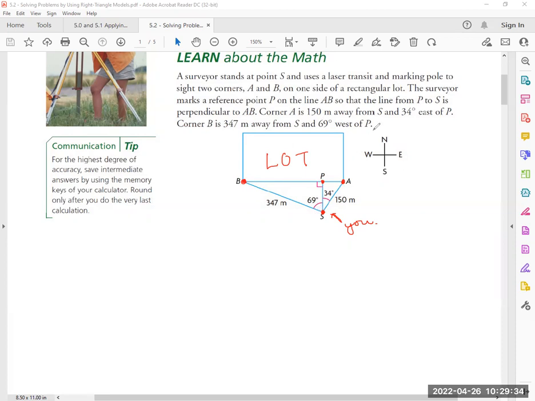The question is, I think it must have been cut off. The question is, what is the distance of AB? So what is AB? Did you add that in there? That's my question. Unusual, yes.